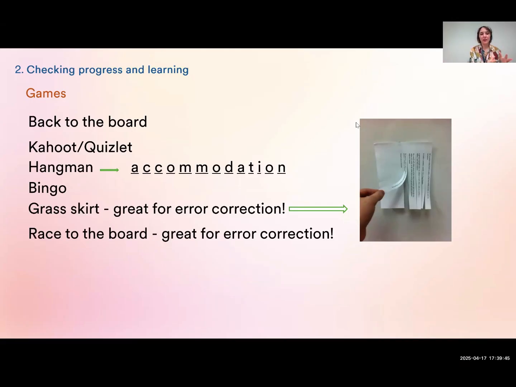And one of them, when they're ready, runs to the middle of the room, grabs the pen and writes the correction on the board. You need to make sure that they don't crash into each other, but it's usually a fun way for them to stretch their legs and feel how competitive that could be, and kind of stimulating for them. You can really see they try to come up quickly with the right answer.